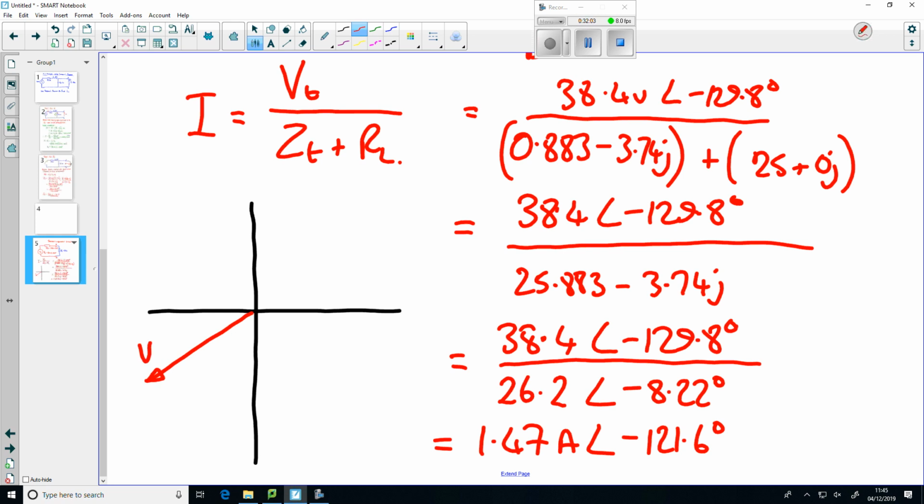The current in blue is negative as well, but less than that, so that's here somewhere. And we go round that way, so current is leading voltage. Has to.